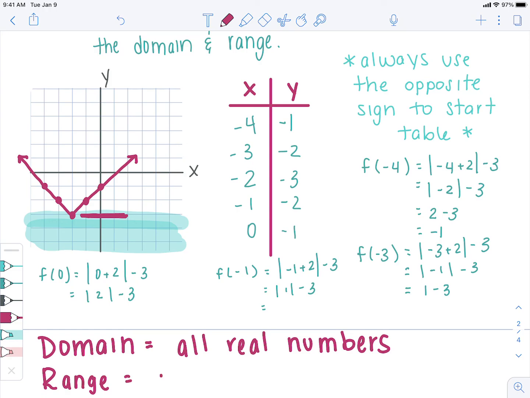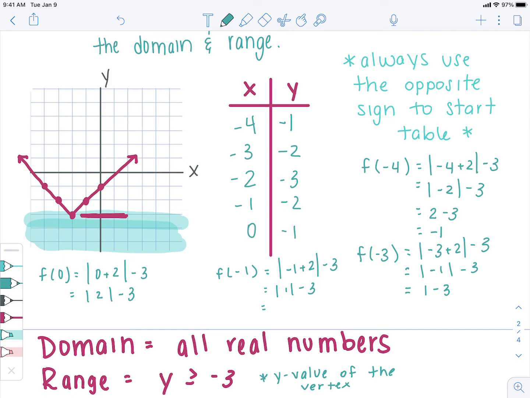So my y's, it's -3, right? My y's are going to be bigger than or equal to -3. And this is just the y value of the vertex. Do I have to write that too? Well, it's helpful in case you forget.